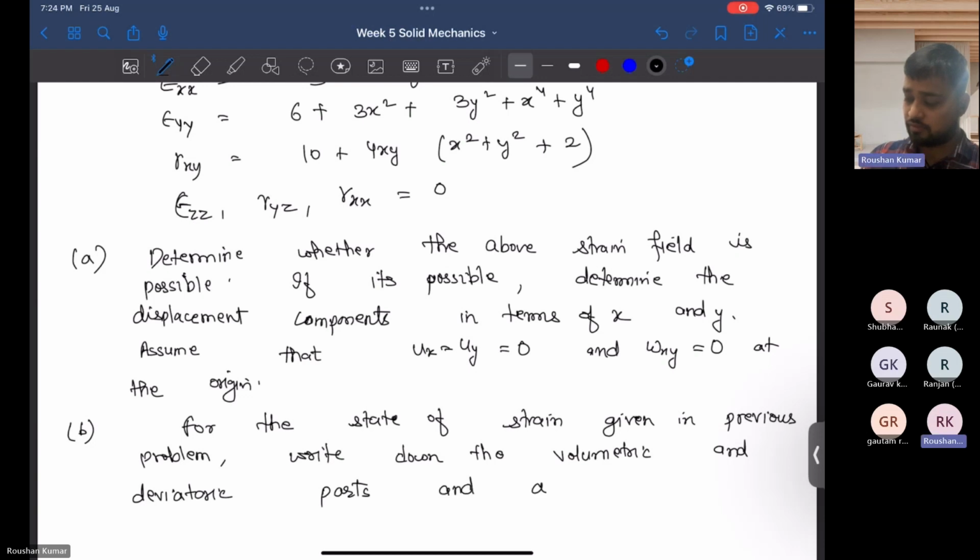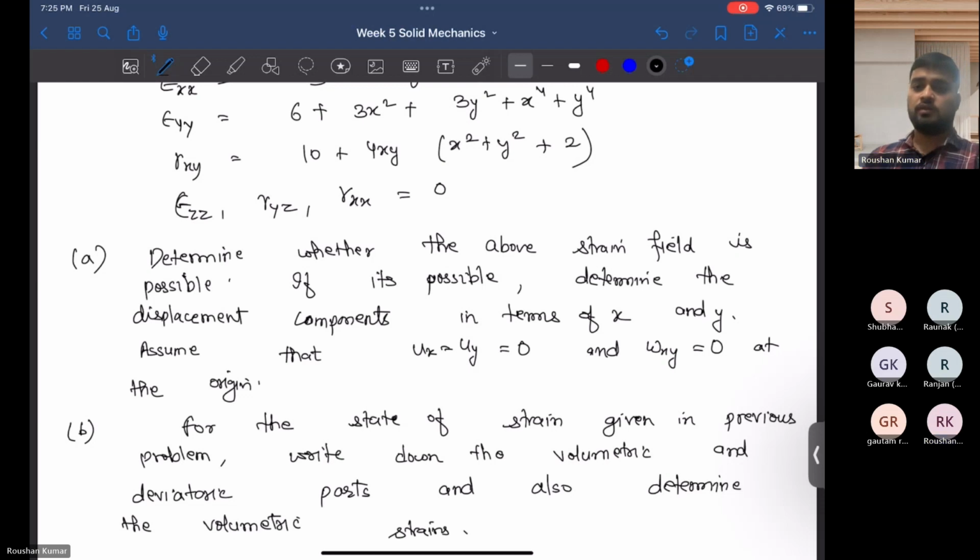And also determine the volumetric strain. Okay.